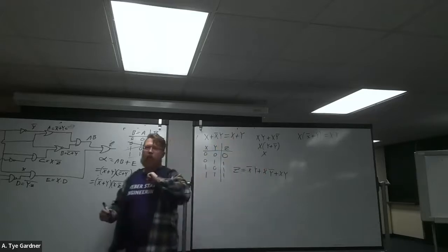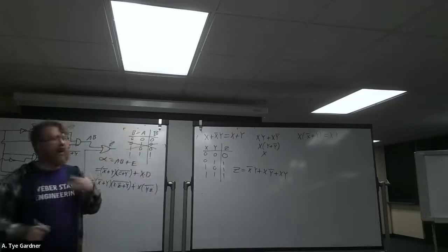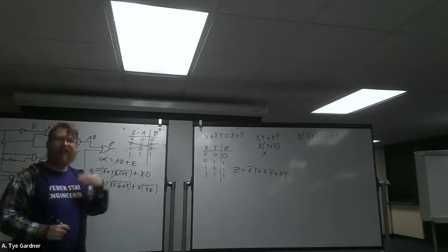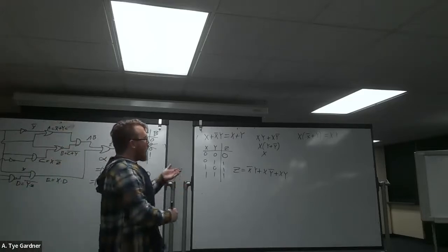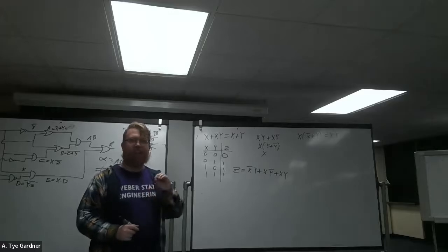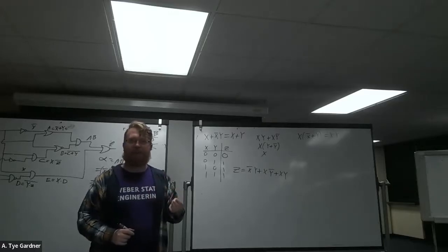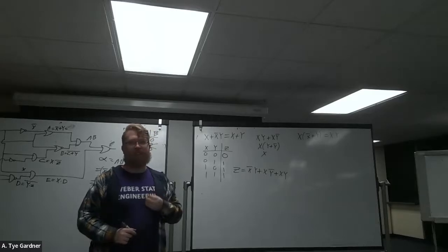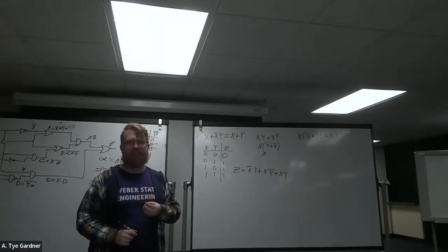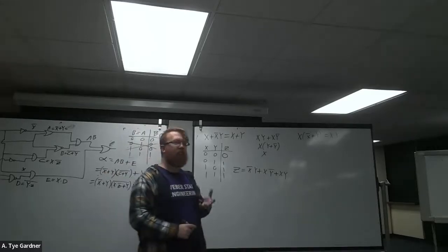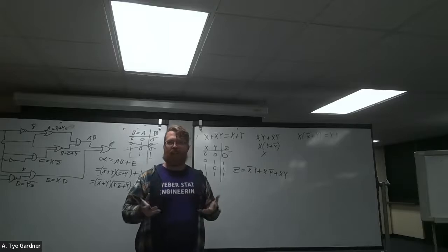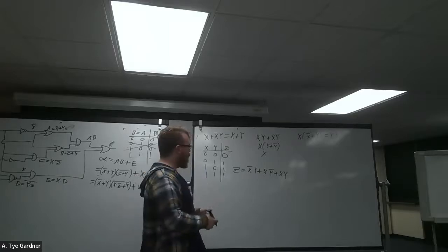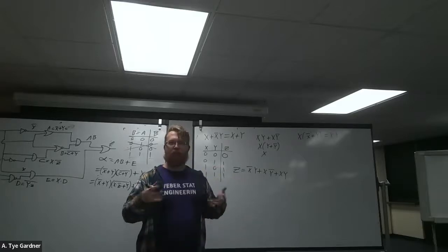Now, here's what's cool. I know, and you will now, that 2 terms in a sum of product or product of sum can simplify if they are what is called logically adjacent. Now, what logic adjacency says is that they differ by only 1 term, or you could think of it as 1 bit.